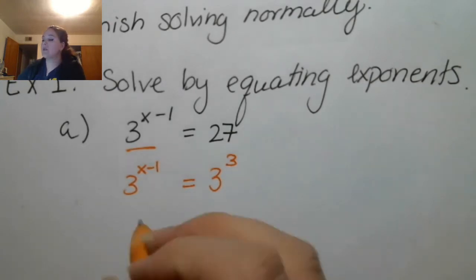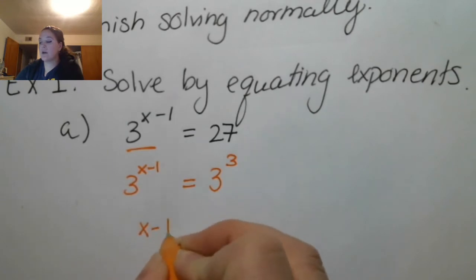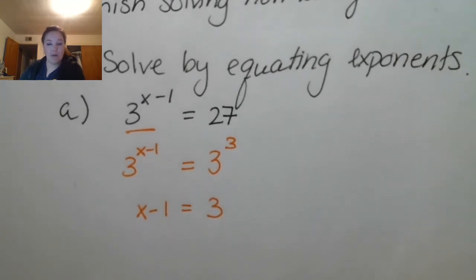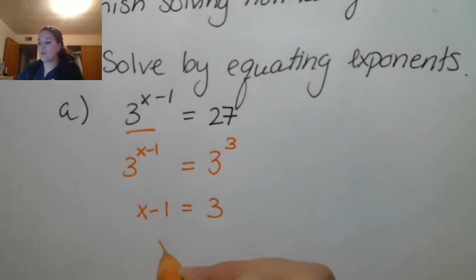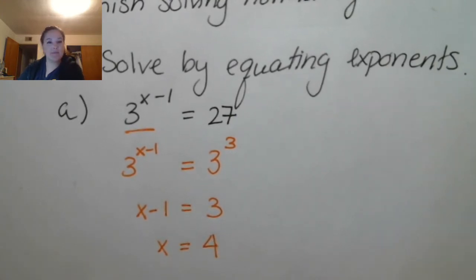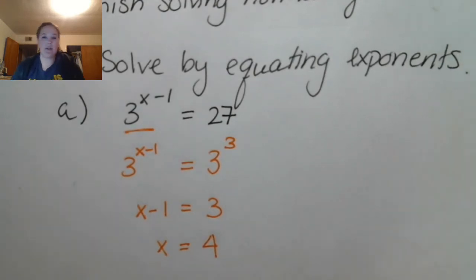So this means that the exponents must be equal to one another. So this is what we call equating the exponents: if these two expressions are the same, then the exponents must be the same. And now we can finish solving by adding 1 to both sides. So this is really what equating exponents is all about. Let's see another example of this.